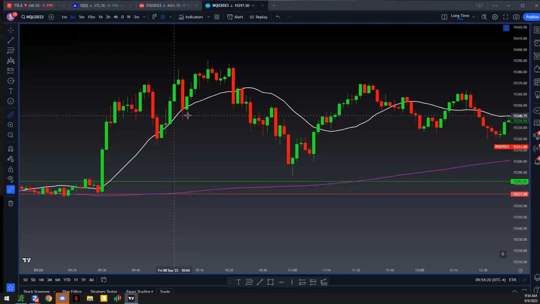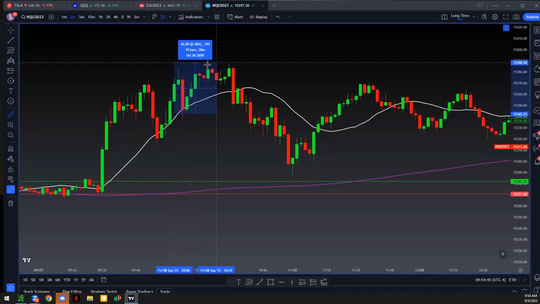We had a nice push up after that. It closed right here, so you'd have been a little nervous, but as long as it didn't go down here. This was a big candle on a 2-minute, 100 ticks, so you might want to do micros on that one. We ended up getting 146 ticks to the upside, as high as 181 ticks, which is crazy.